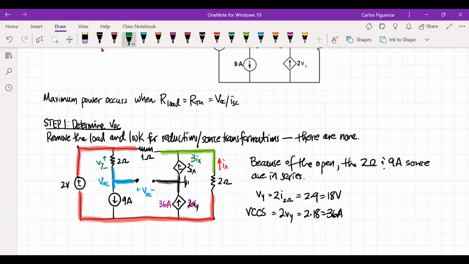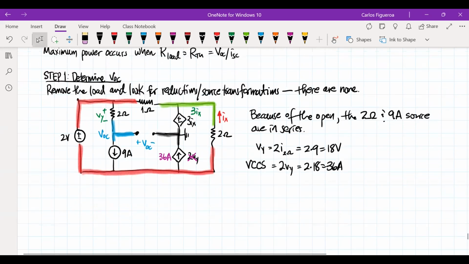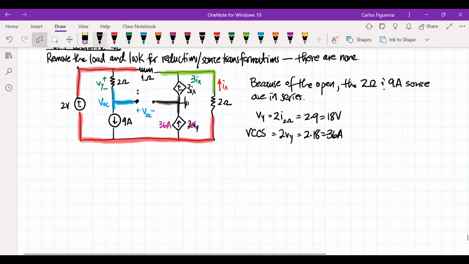So if I now do the numbers, I see that I have 1, 2, 3. I have 2 red, so I have 4 nodes.